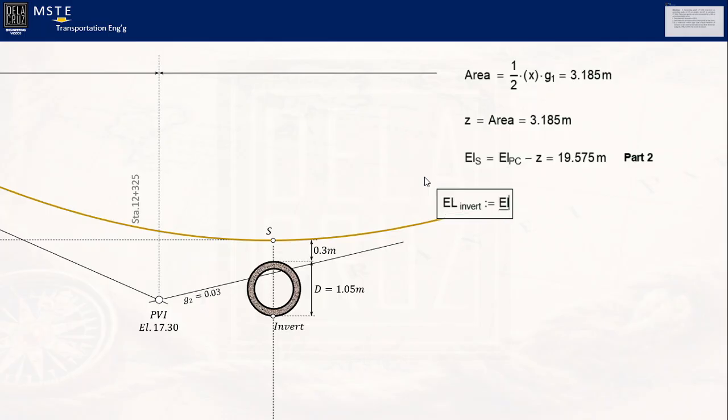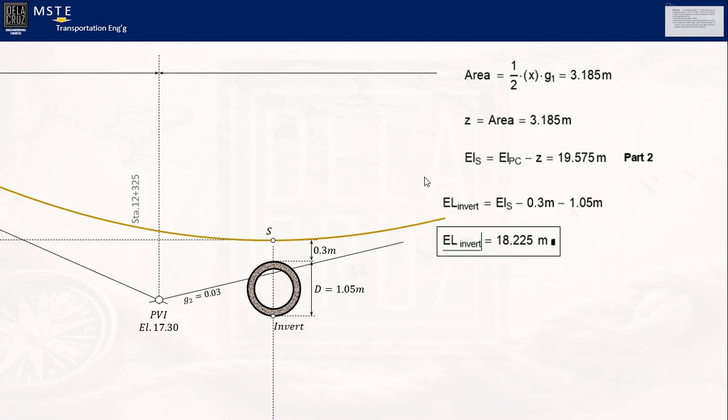That would be the elevation of station S minus 0.3 meters minus 1.05 meters. And the elevation here is equals to 18.225 meters.